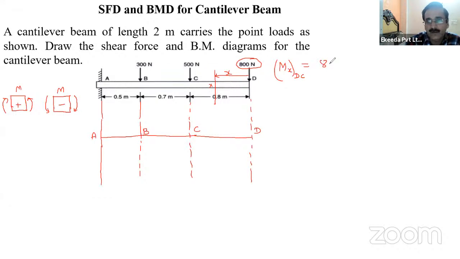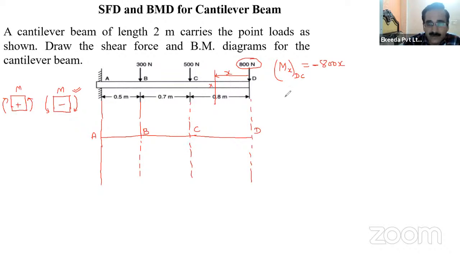So this is 800x, and it is negative, since 800 is making a clockwise bending moment at X point. So this is minus 800x. It is variable because the X term is there, so the bending moment will be increasing in the negative direction, isn't it?